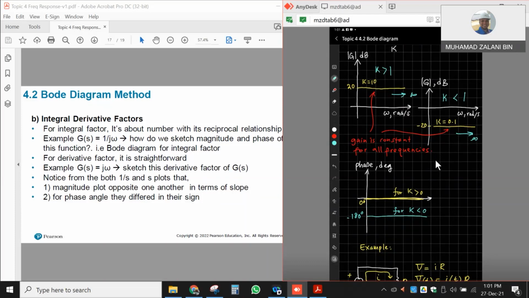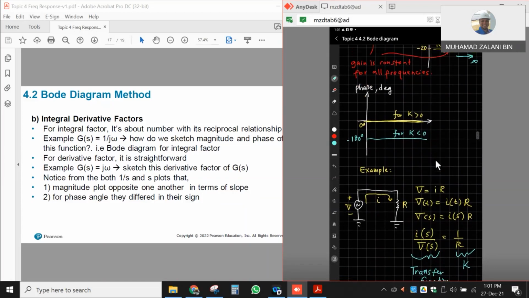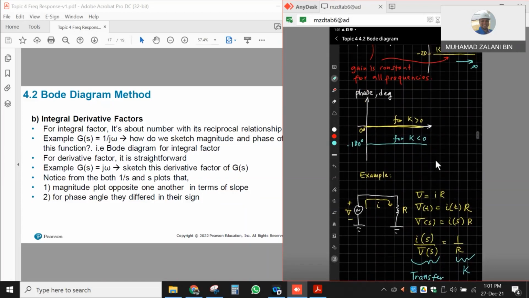For the plot of phase angle in degree, as we have calculated just now, for k greater than 0, we have 0 divided by k is 0, arctangent 0 equals 0 degree, meaning the angle will remain constant at 0 degree for the range of omega from 0 to infinity.